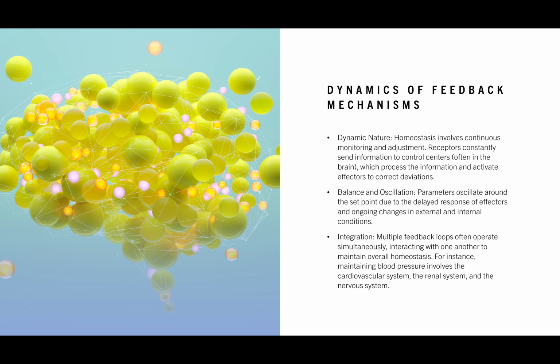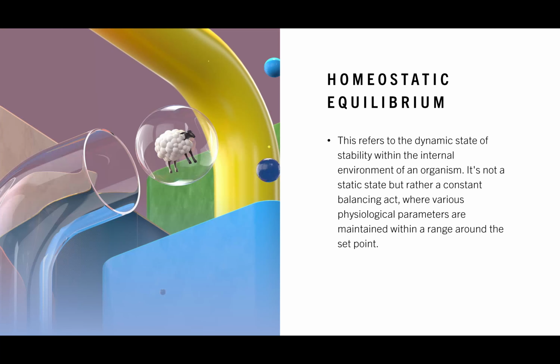They usually work together to gain this homeostatic equilibrium, that dynamic state of stability within an organism. The internal environment of the organism needs to be stable, so it's balancing all these multiple variables and having all the bodily systems work together to keep these set physiological parameters. That is what we're talking about.